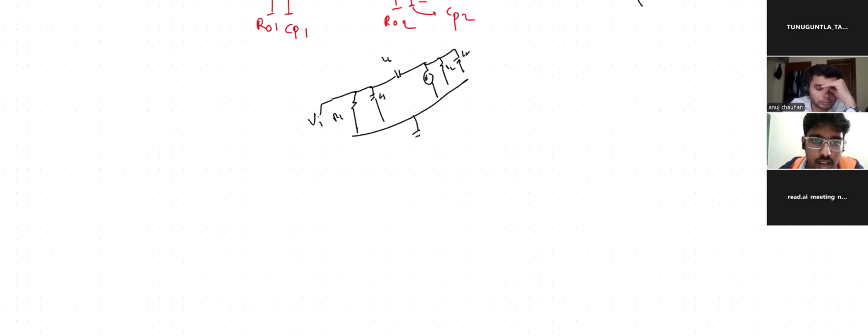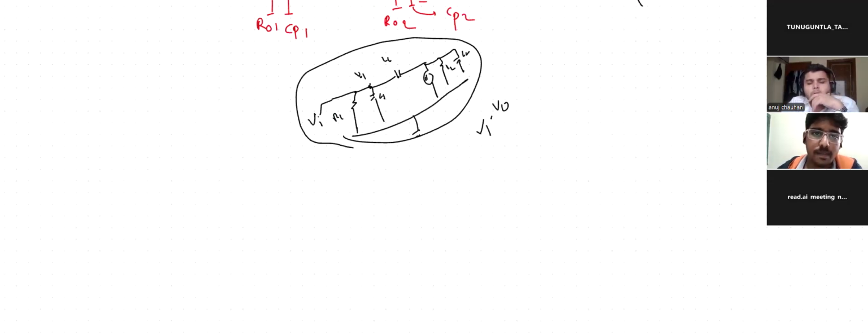So I can apply node analysis here: V1 minus... I think I should solve this circuit for the second pole. This is the equivalent circuit diagram after the introduction of this Miller compensation.